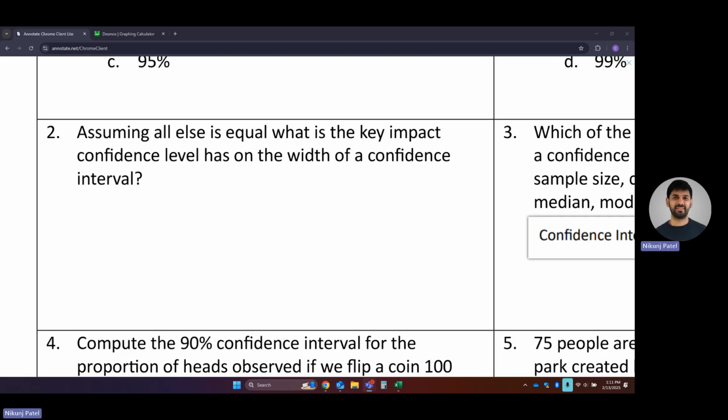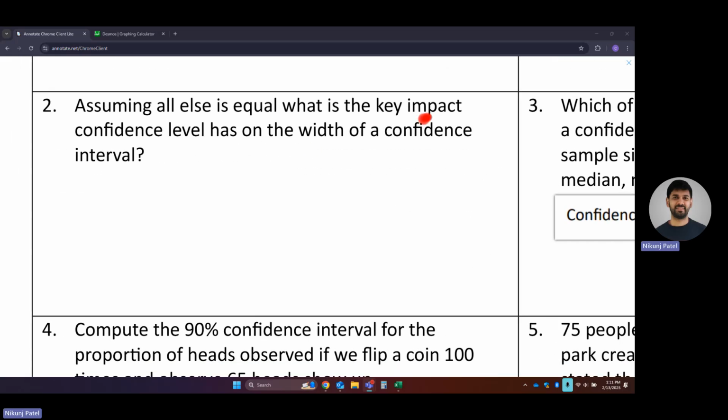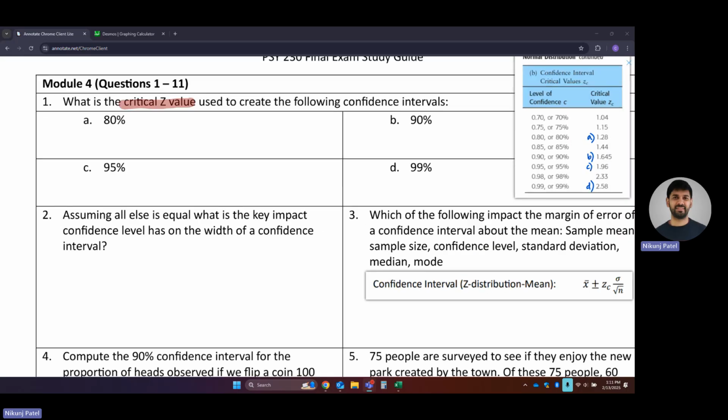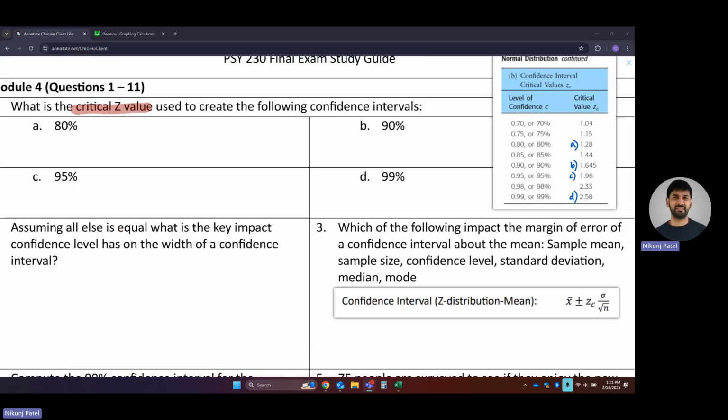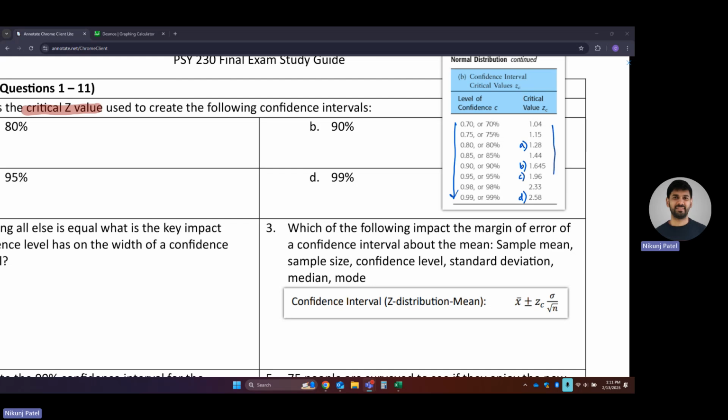Looking at number 2 now, it says, assuming all else is equal, what is the key impact the confidence level has on the width of a confidence interval? And that refers back to this table over here as well. Basically, what this is asking is, as the confidence level changes, what's the impact on the confidence interval? And as these values increase, for example, as the level of confidence increases, going down that chart, what happens to these numbers over here?